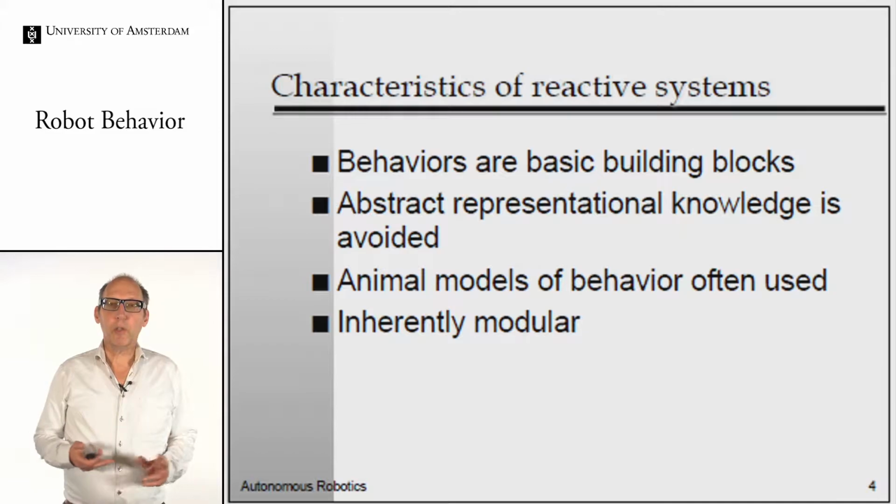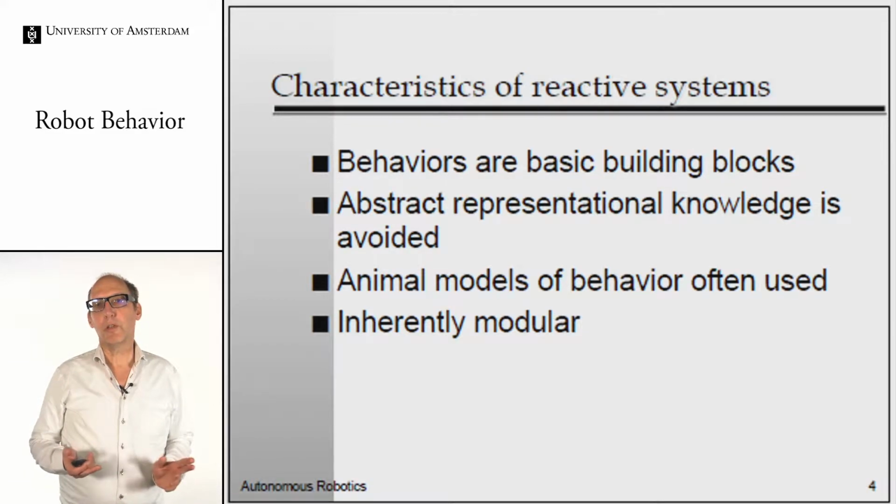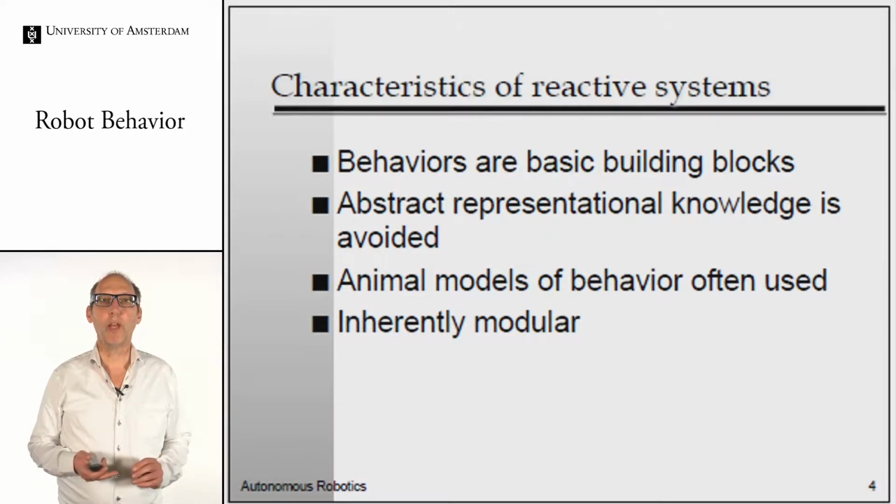So that's great, because you have very simple basic blocks with a certain stimulus and a certain response, and that's great because that's very easy to program, and you can very easily make rule-based systems to catch that sort of behavior. Also, the nice thing is that no abstract representation is needed.